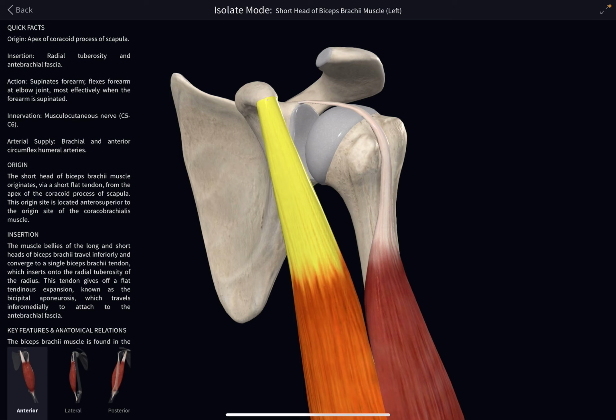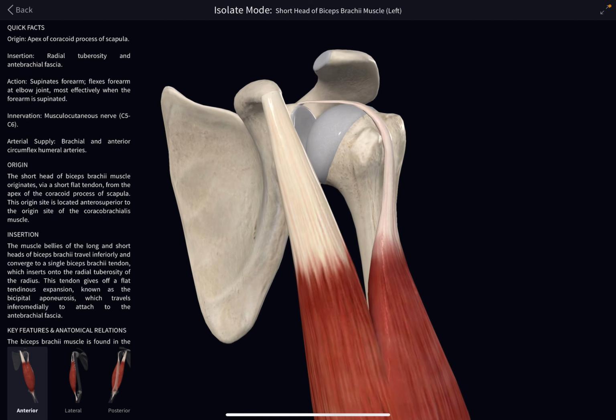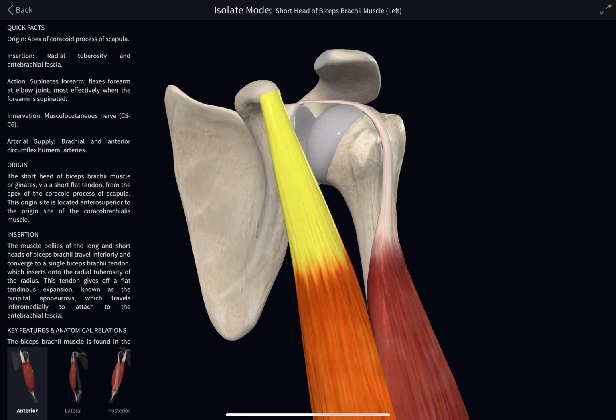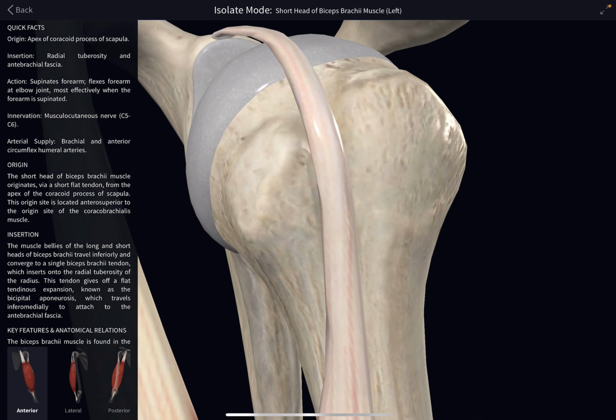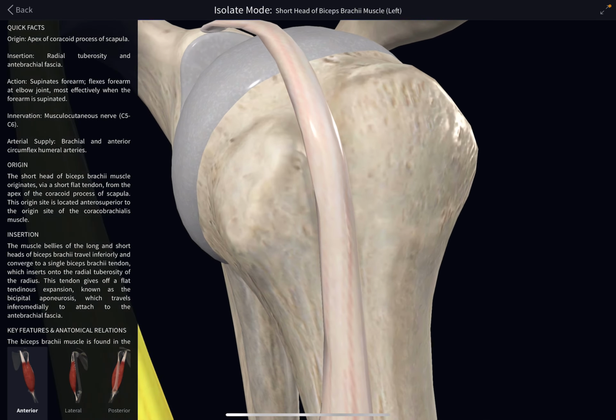Now when you look at the tendon, it curves laterally above the head of the humerus, and it is enclosed in a synovial sheath. The synovial sheath is not shown in this picture because I've isolated the muscle. As you can see, it emerges beneath the transverse humeral ligament. So where is the transverse humeral ligament? The transverse humeral ligament bridges the greater and the lesser tubercles with each other.